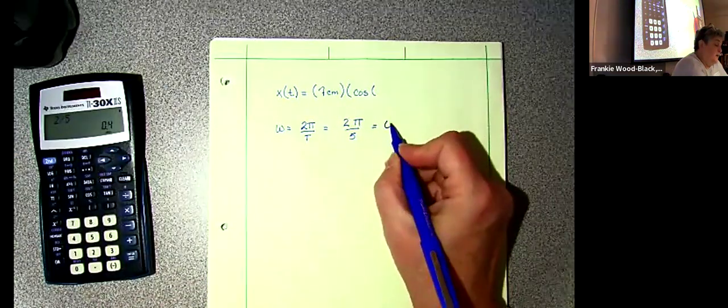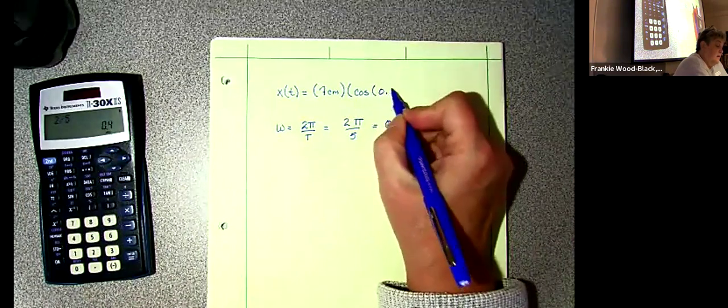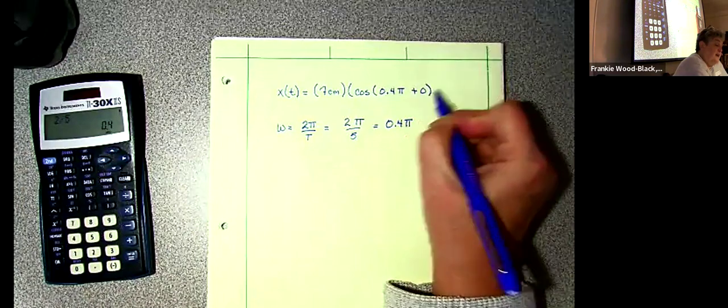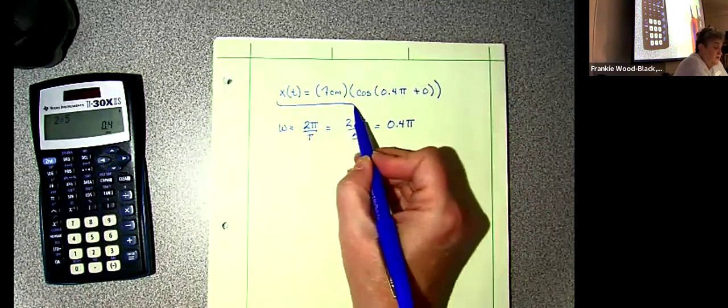It's going to be 0.4 pi, plus my 0 for my phase angle. And that is my equation of motion.